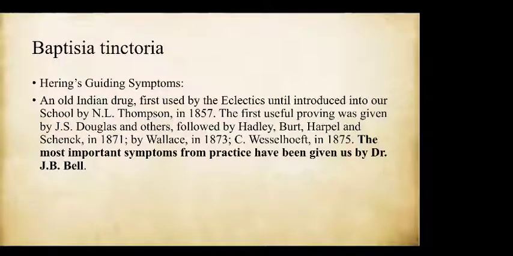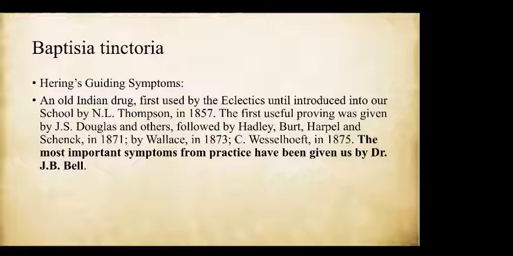But to return to Baptisia tinctoria, it says in Hering's Guiding Symptoms that it is an old Indian drug, used by the natives and medically used by the eclectics. The eclectics were the medical herbalists, one could say, until introduced in our school by a man called Thompson in 1857.